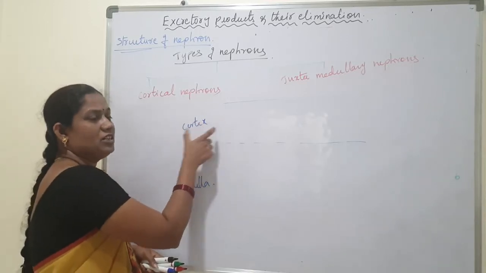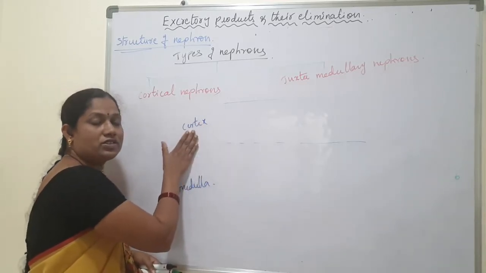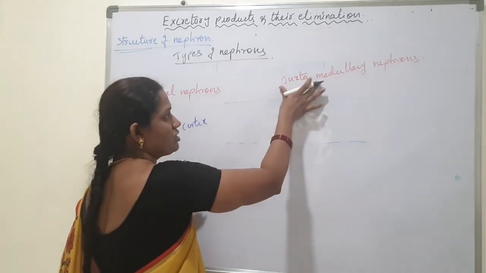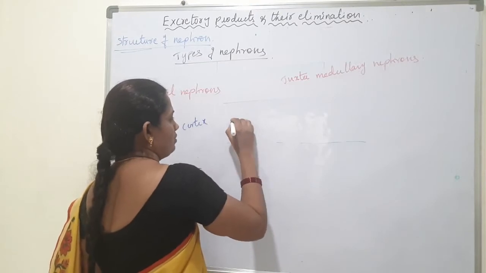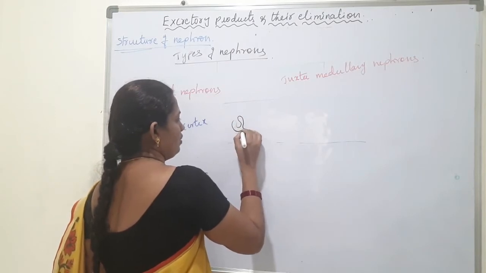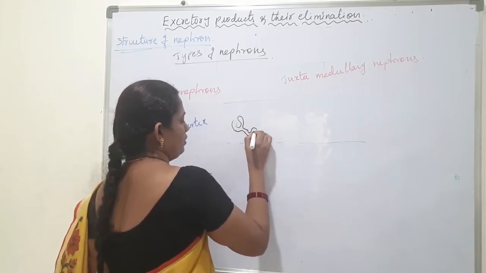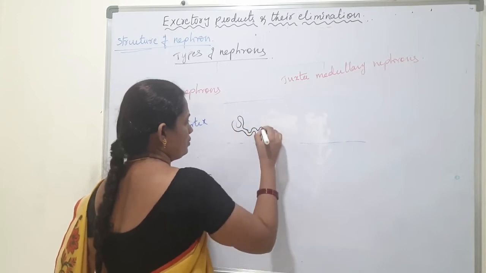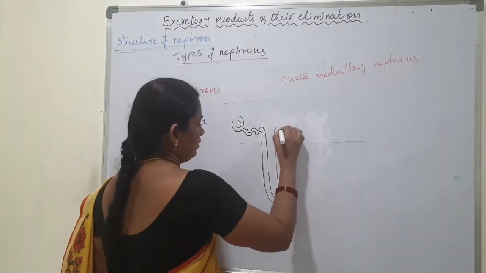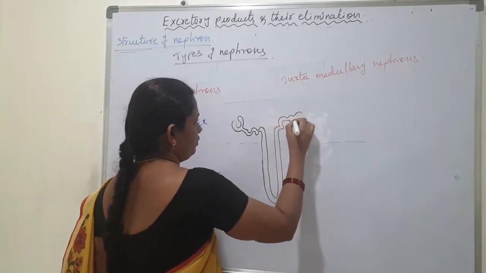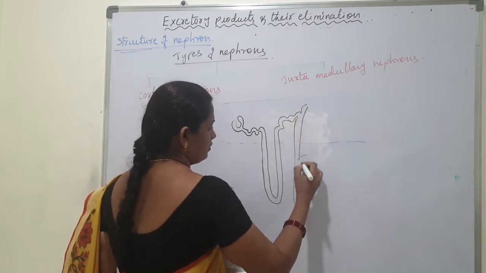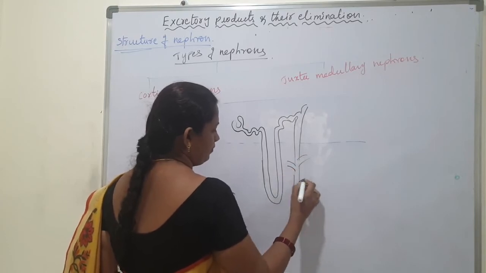The kidney has an outer region called the cortex and an inner region called the medulla. Now this is the nephron structure: Bowman's capsule, next the PCT, proximal convoluted tubule, next the loop of Henle, next the distal convoluted tubule, next the collecting duct, like this.